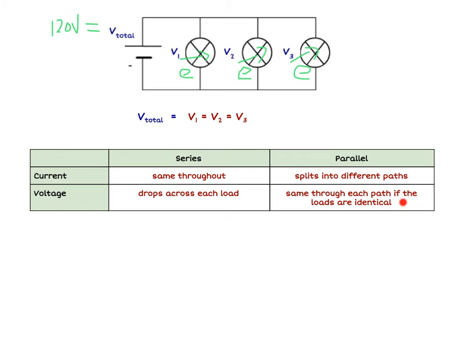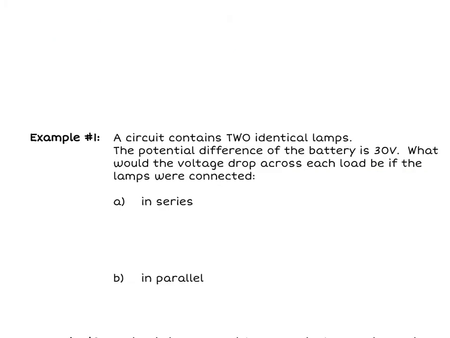And so you're going to see that in a single loop, in each individual pathway, you're going to see an entire voltage drop back down to zero, so that when the current gets back to the power source, it's regenerated entirely. Let's practice a few examples that will help us to consolidate these ideas.